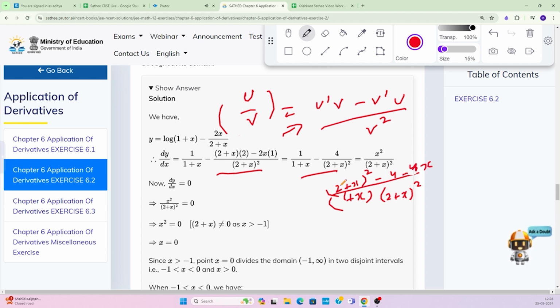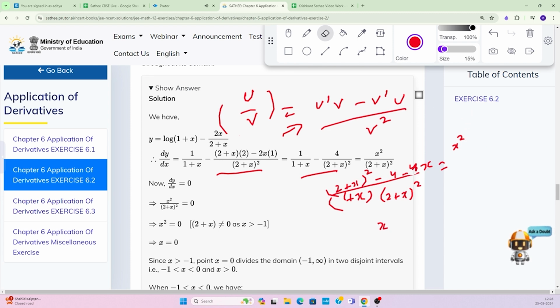If you expand this, using a square plus b square plus 2ab, 4 will cancel with 4, and 2x will give you minus of 2x. So the simplified version, you will be left with x square minus 2x.